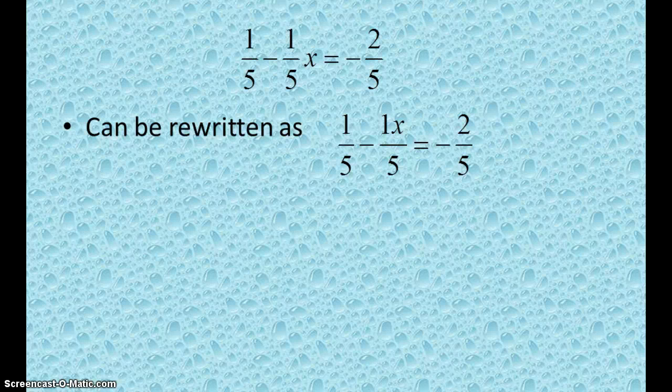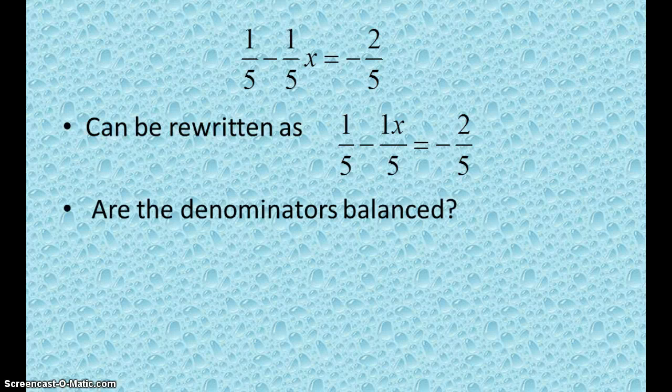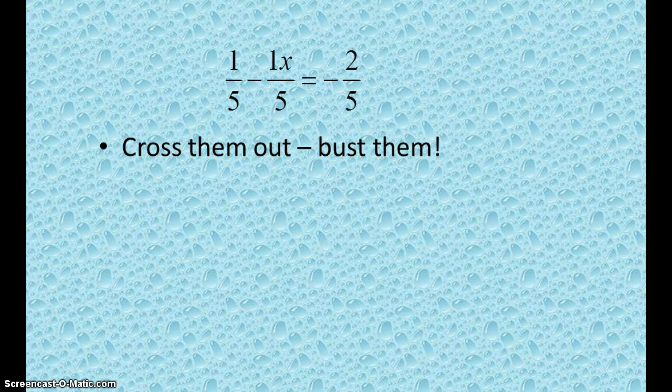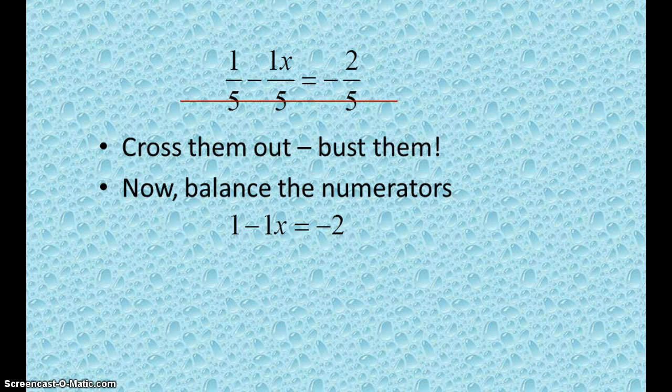Now I look at this and I say, well, my denominators, they're already balanced. So all I got to do is solve the top. All right, so if I don't need the denominators anymore, if they're already balanced, then let's bust them. Let's just cross them out. Let's just focus on solving the numerators. All right, that's really the problem we have now, right? And so we're going to do the math. I'm going to pause for a minute because I know you can do this. Finish solving this and tell me what x is equal to.